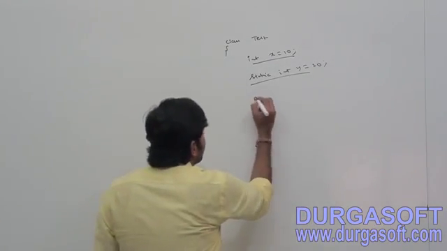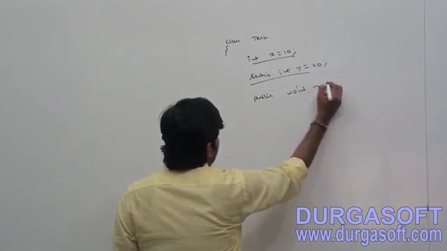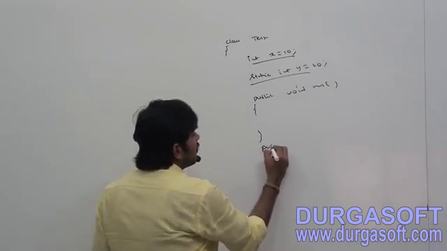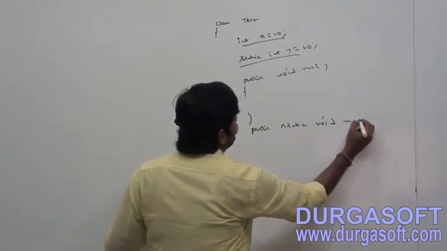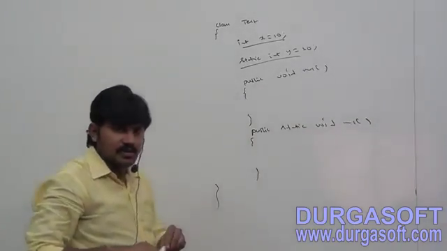I have one instance method, public void m1, and one static method, public static void m1.